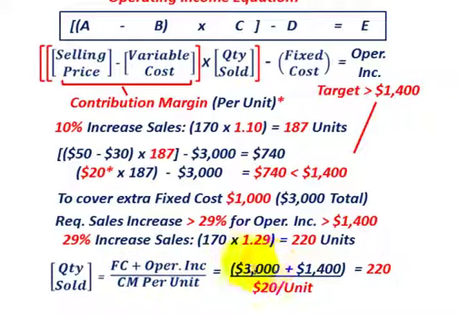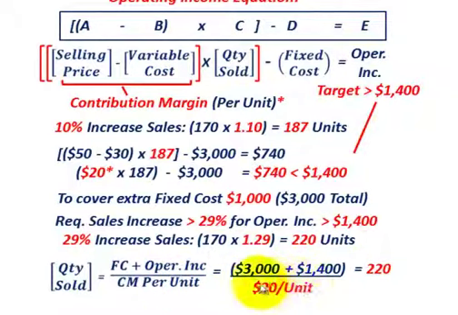So in this case, our fixed cost was $3,000. Operating income, we really want more than $1,400, but let's just say we want to equal what we're currently doing, the $1,400 in operating income. That total amount divided by the contribution margin per unit, the $20.